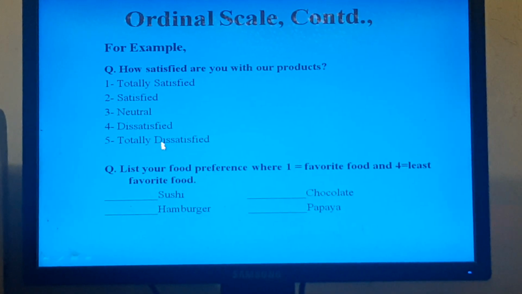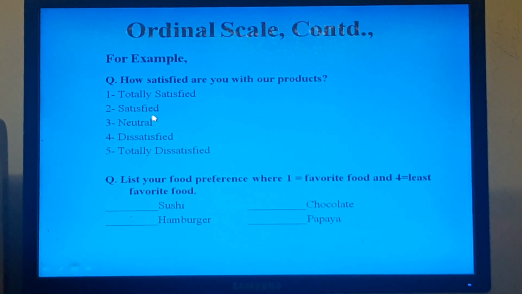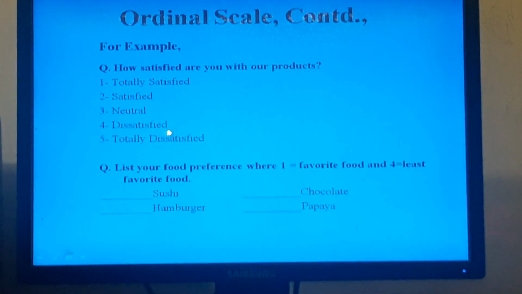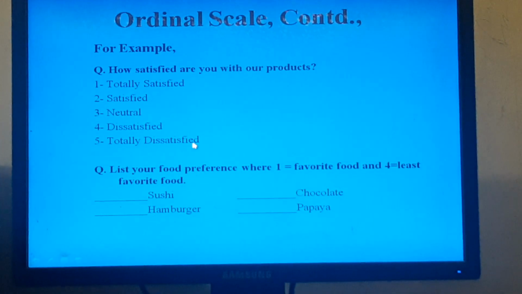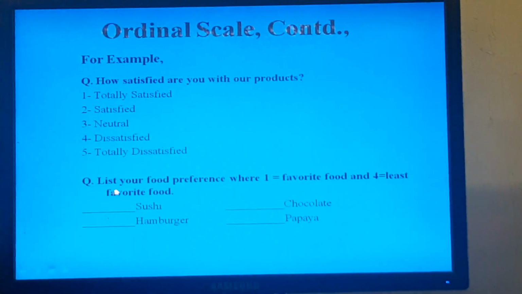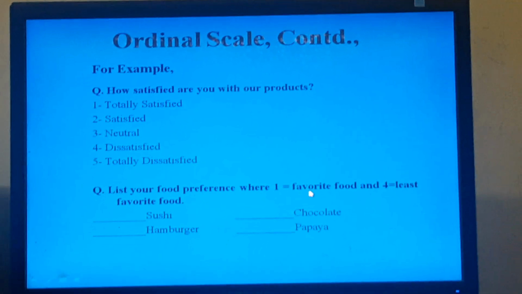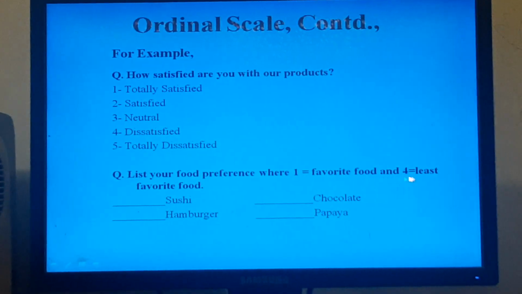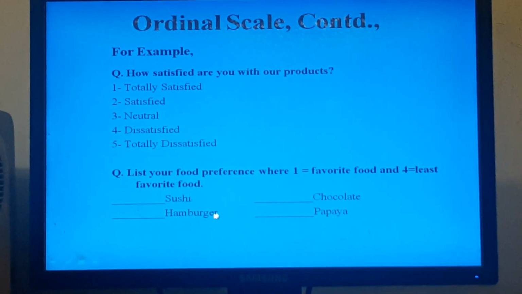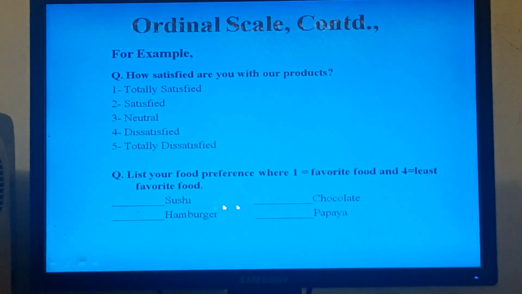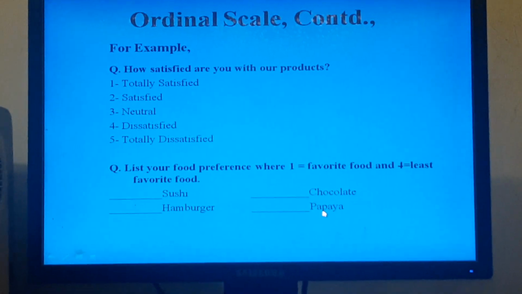There might be 5 answers: totally satisfied, satisfied, neutral, dissatisfied and totally dissatisfied. Or list your food preference, where 1 is equal to favorite food and 4 is least favorite food, such as sushi, chocolate, hamburger and papaya.